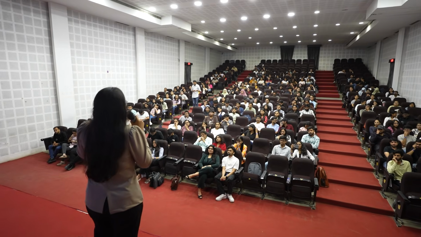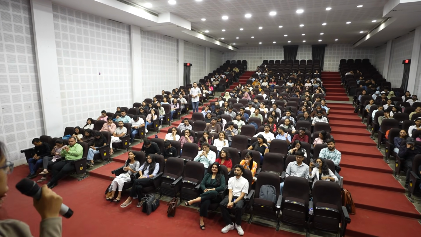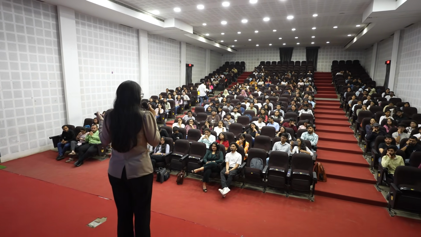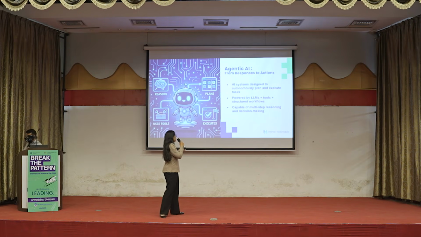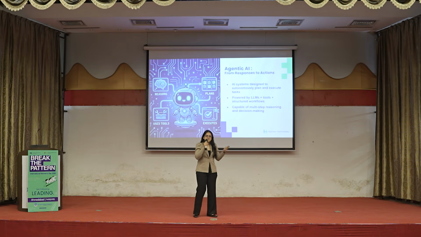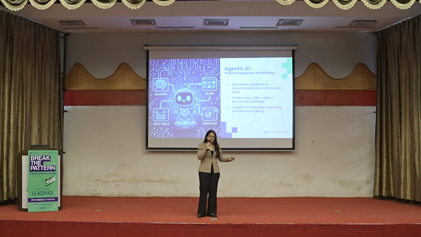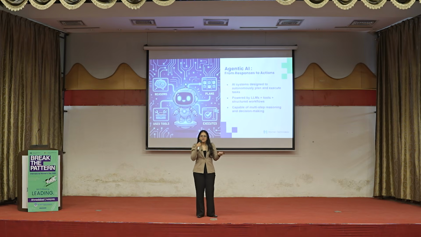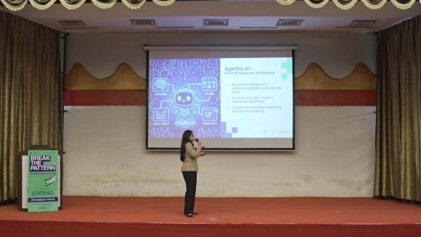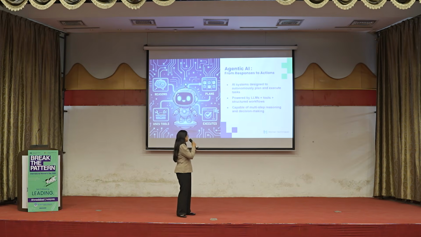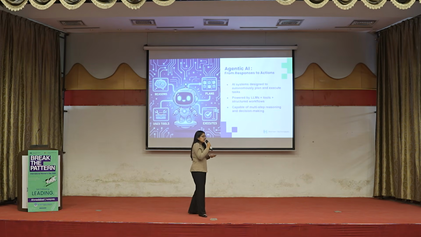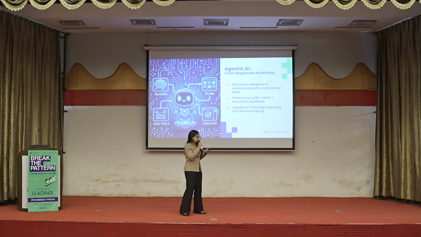In simple terms, agentic AI is powered by LLM, tools and structured workflow. It is a system designed in such a way that it will autonomously execute tasks itself. And one more thing, it is capable of multi-step reasoning and decision making. Now let me walk you through what is inside that loop.